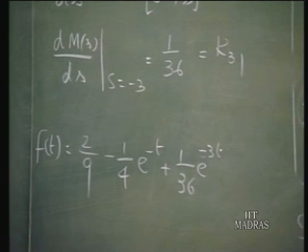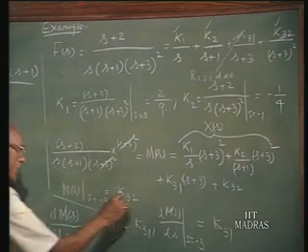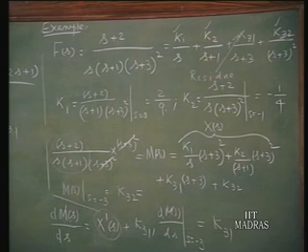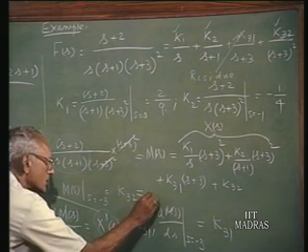and corresponding to k32 over s plus 3 whole squared. K32 we have not worked out. K32 will be found when you substitute s equals minus 3 here, and K32 is found out as minus 1/6. You can work this out.